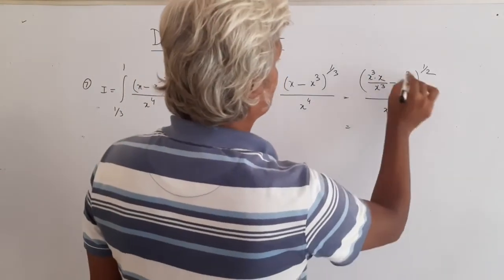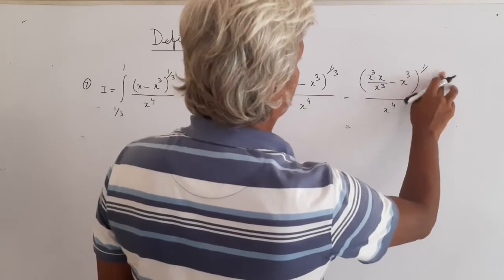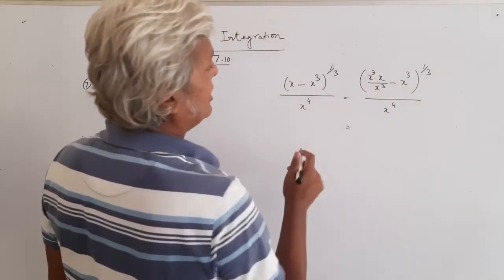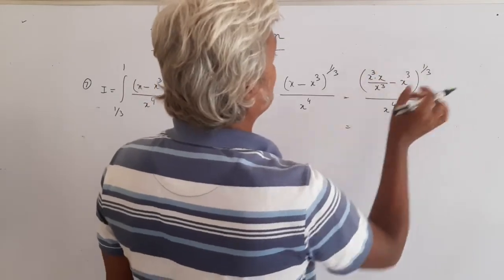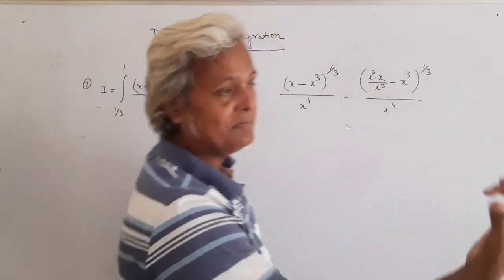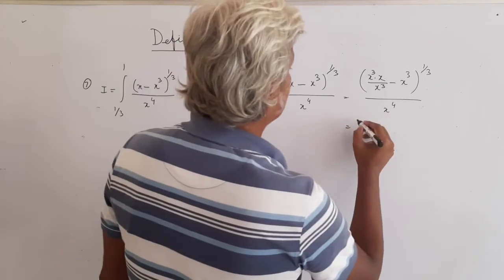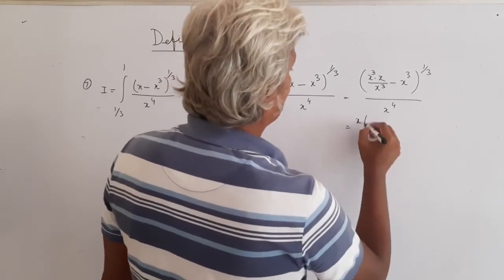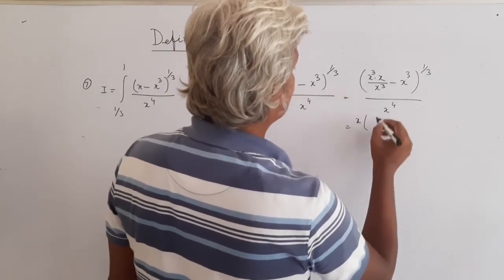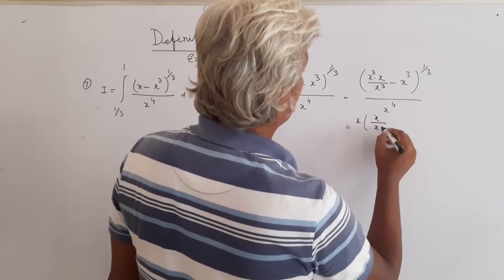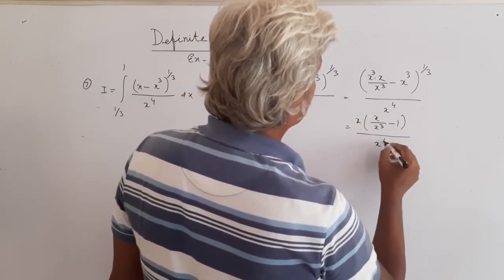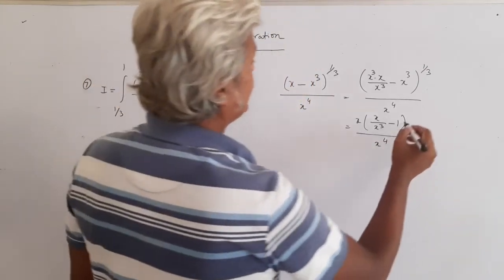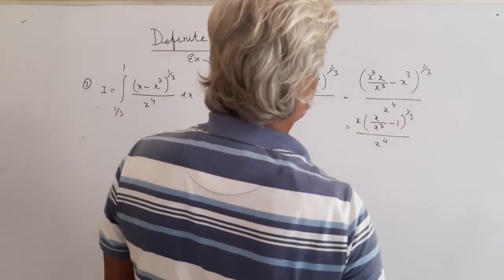Okay, there is no need of explaining like this. Now you can take x to the power 3 common. Since it is all inside the cube root, when that x cube comes out, it will become just x, and what will be left inside is x over x cube minus 1 over x to the power 4, all to the power 1 by 3.